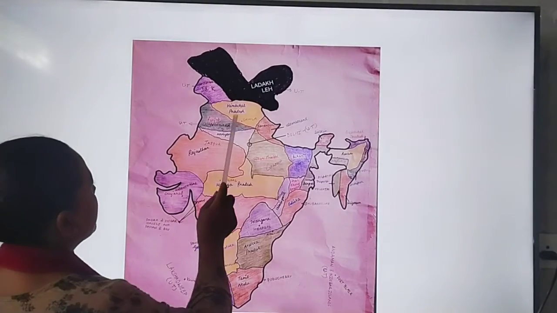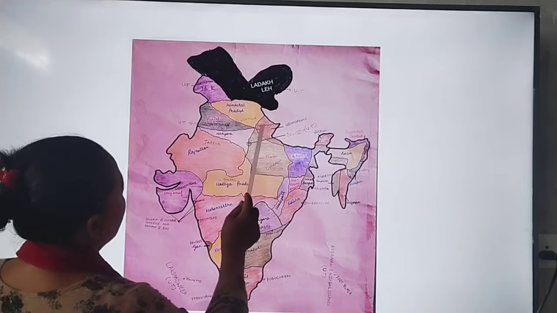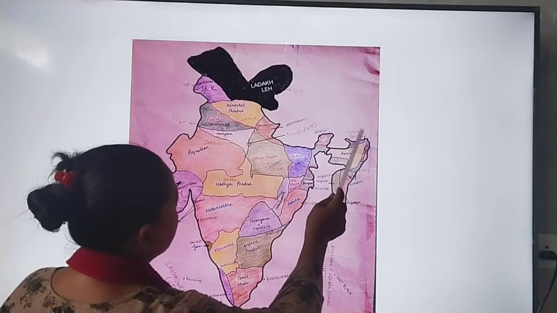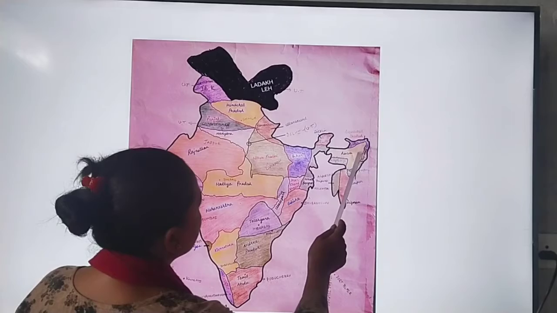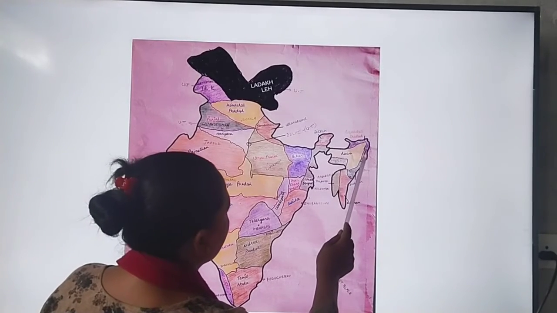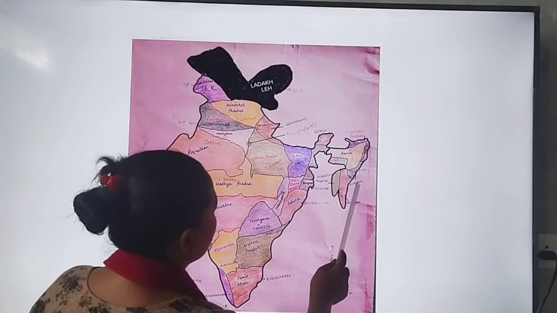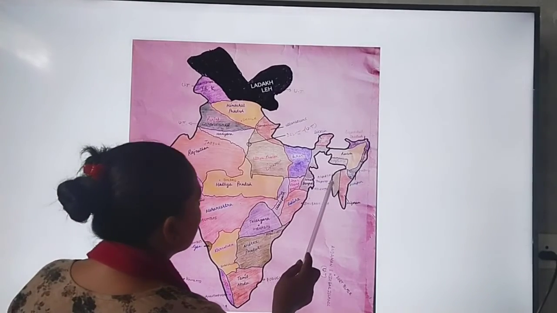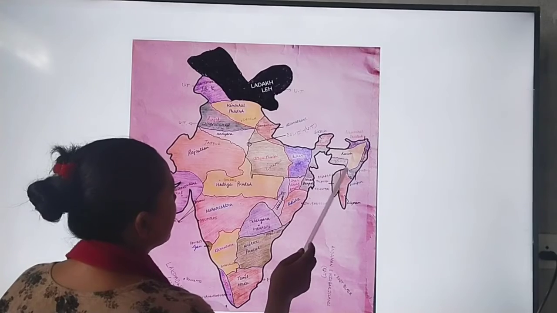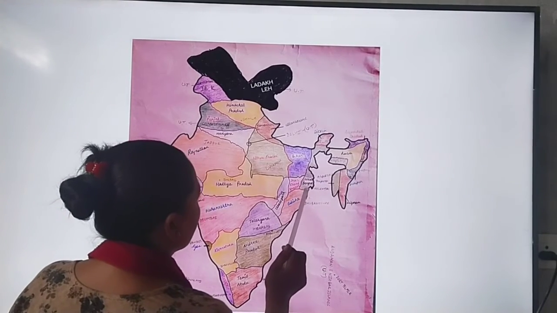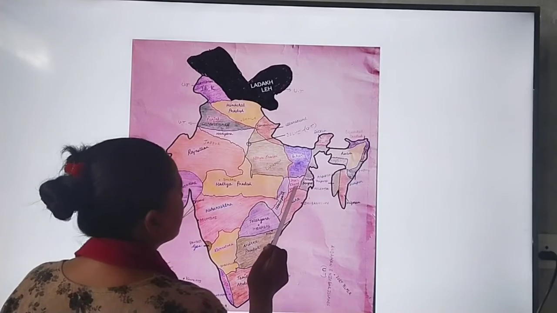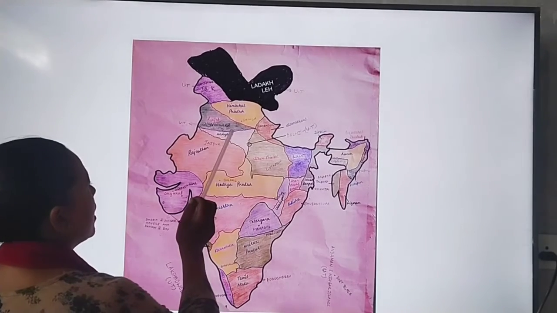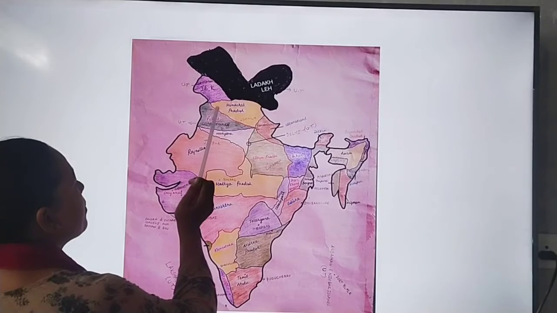Now states: Himachal Pradesh, Shimla, Uttarakhand, Dehradun, Sikkim, Gangtok, Arunachal Pradesh, Itanagar, Assam, Dispur, Nagaland, Kohima, Manipur, Imphal, Mizoram, Aizawl, Tripura, Agartala, West Bengal, Kolkata, Jharkhand, Ranchi, Bihar, Patna, Uttar Pradesh, Lucknow, Haryana, Chandigarh, Punjab, Chandigarh.